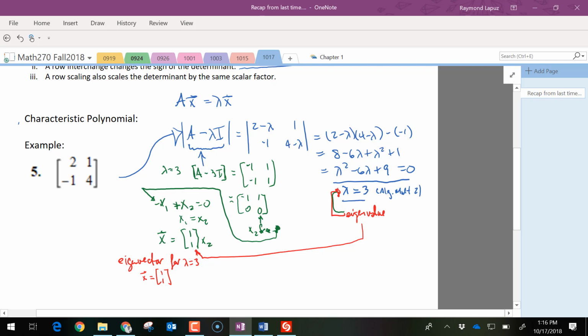So sometimes we just call it x, sometimes we call it x sub 3, or whatever lambda is equal to. So if we get to those larger matrices where we might have 2 or 3 different eigenvalues, then we want to keep track of that. Okay?